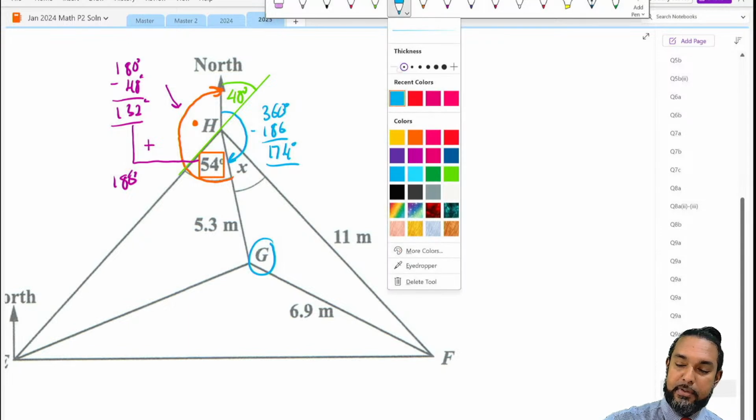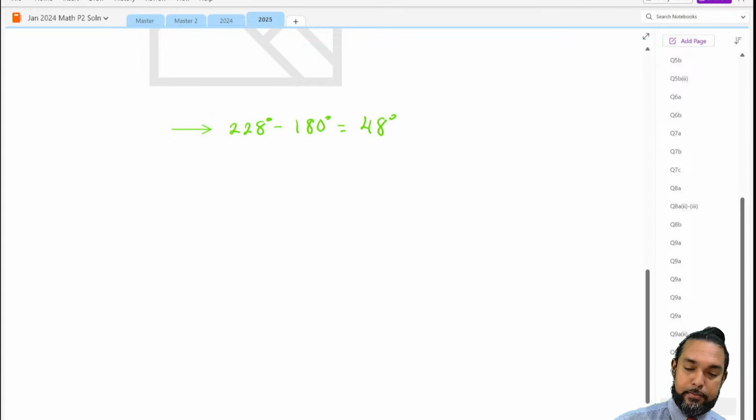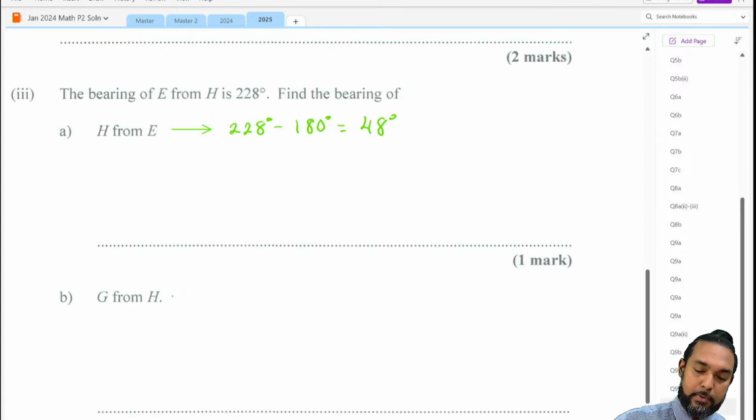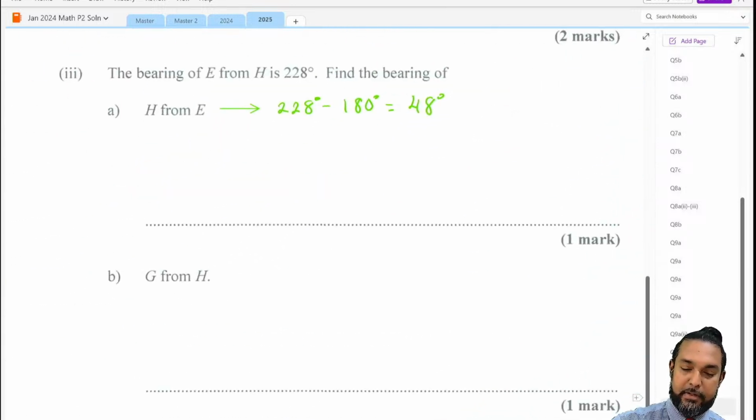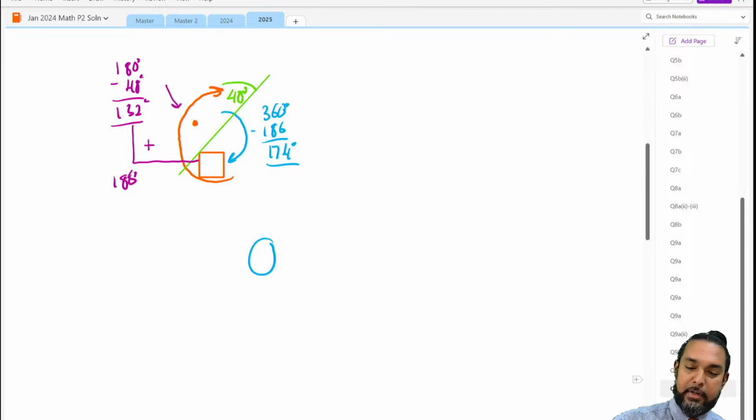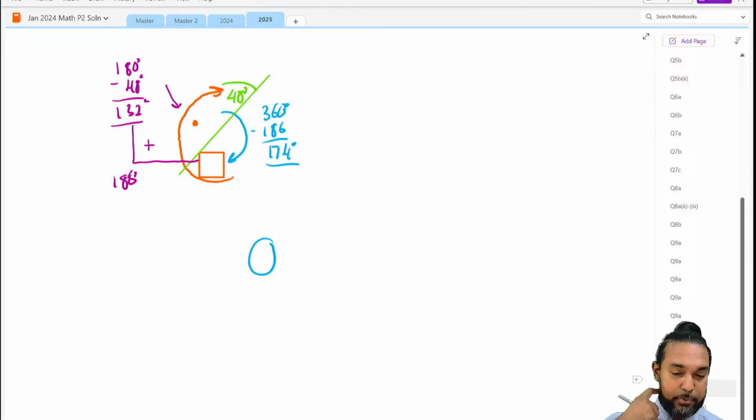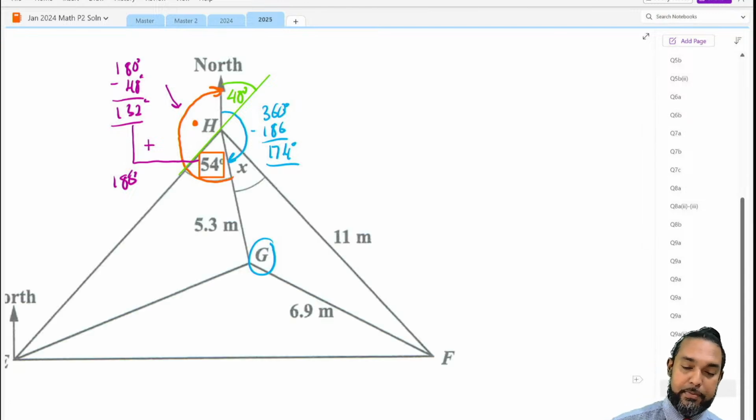Right. So if you have steps in your working, you can do it in this different way, right? So your top level would be 360 minus something, right? And that's the 186. So we recognize it's 360 minus the whole orange.